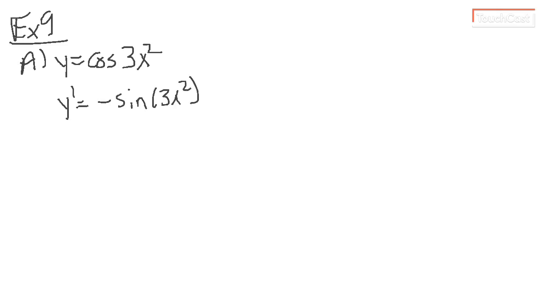And then we take the derivative of the 3x squared and we multiply that sine part by it. So 3x squared's derivative is going to be 6x. If we multiply, we're going to end up with a negative 6x sine of 3x squared.